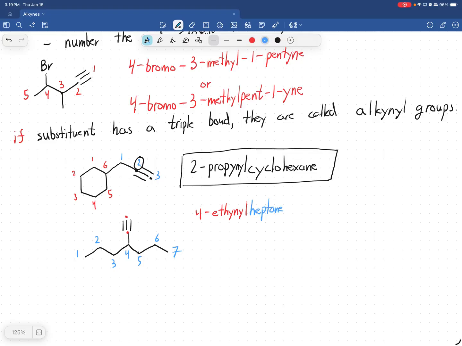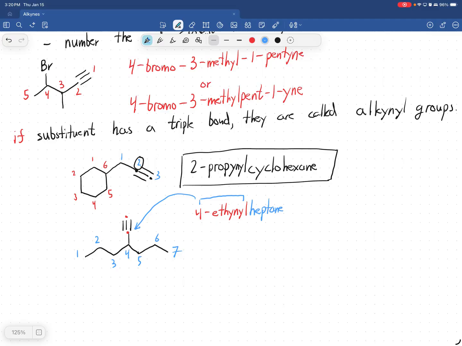Let me just show you that this group represents this substituent. So whenever the alkyne is not part of the longest continuous carbon chain, it becomes a substituent, just like we saw alkyl groups. Hopefully that makes a little more sense there.